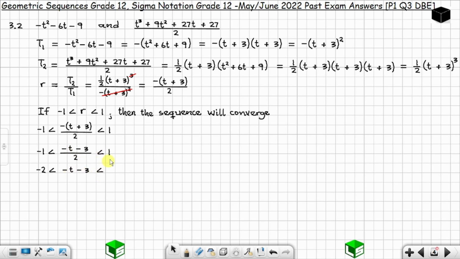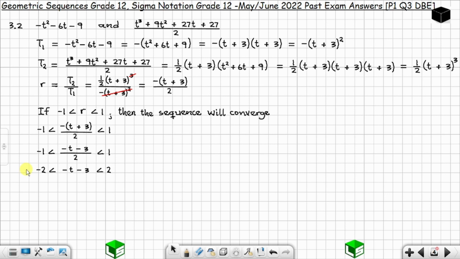And you have this. You multiply by 2, you have 2, right? 1 times 2 is 2. So from here, what you have to do is to take the -3 to the left and the -3 to the right. So when you take it to the left, it becomes +3. You take it to the right, it becomes +3.